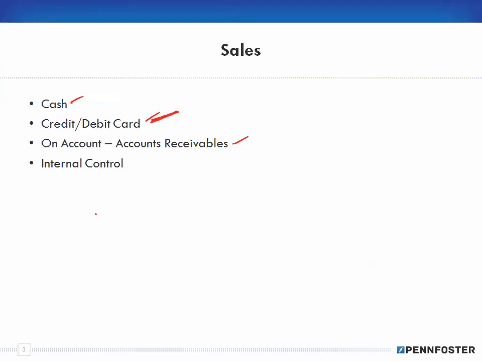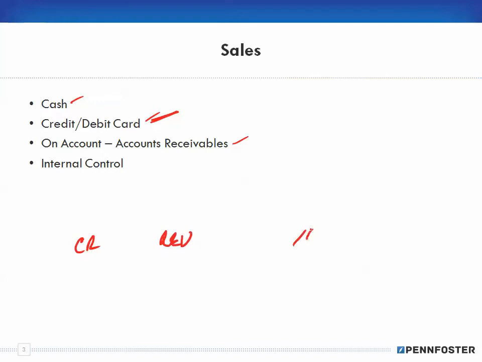So let's say you make a sale and somebody's using a debit or a credit card, and I realize that this is not covered extensively in the textbook, because of the way it can be handled. But obviously you're going to credit your revenue account, your sales revenue account.